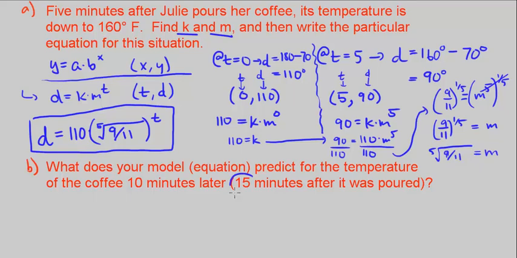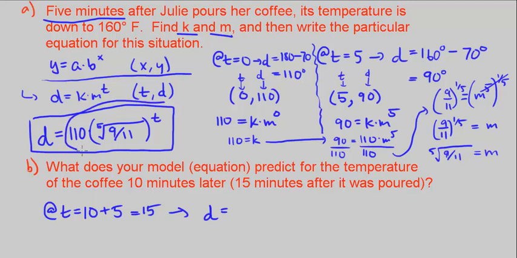So we're looking for t is equal to 15, right? Or you can even say 10 plus our 5 here, because remember, t was 5 in this part, 5 minutes. So that's 15. That's why they get 15 minutes. So at t is equal to 15, what is d?